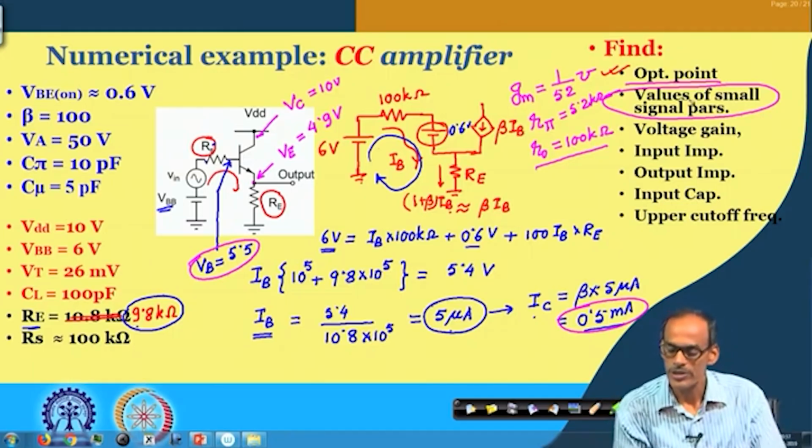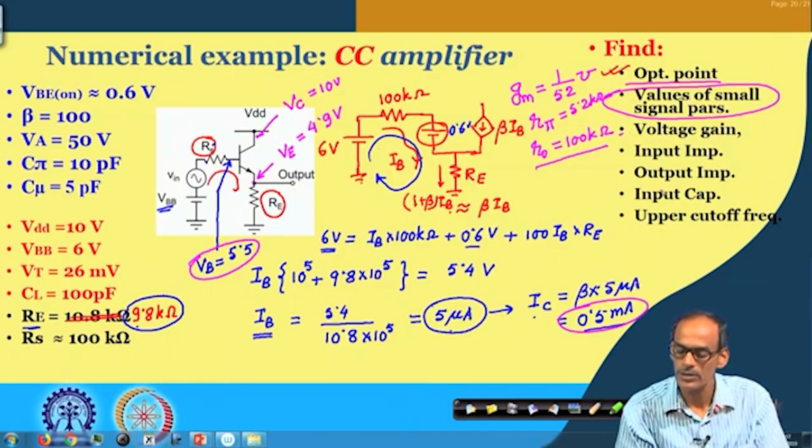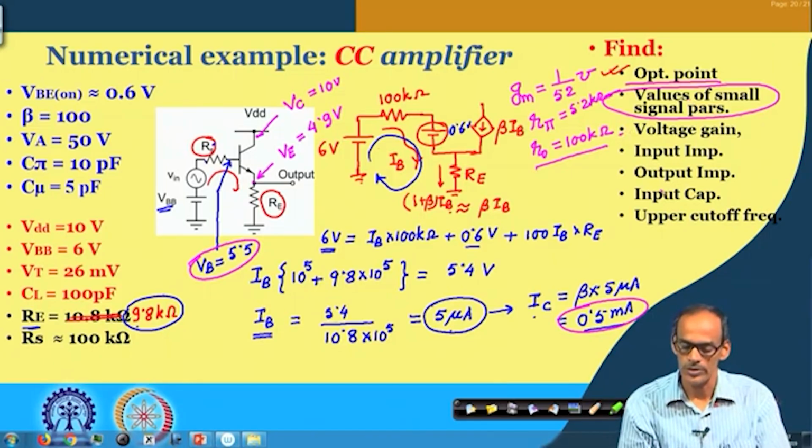So, we obtain the small signal parameters. Then we can find the voltage gain, input impedance, output impedance, and so on.